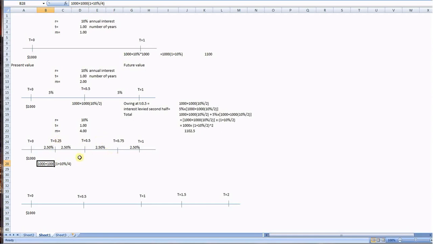And similar to what we did in the previous example, we have 2 components as at t equal to 0.5. Let me copy this down. Okay, so interest owing as at t equal to 0.25, which is this amount. And interest levied on the second quarter.